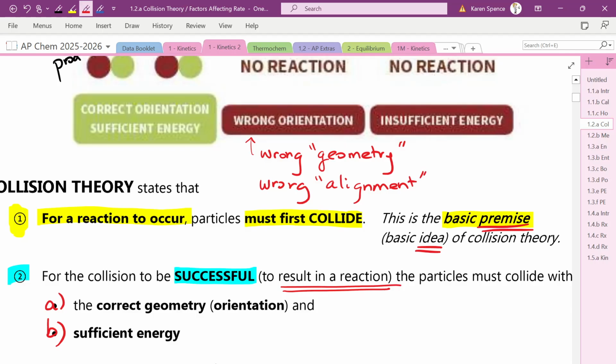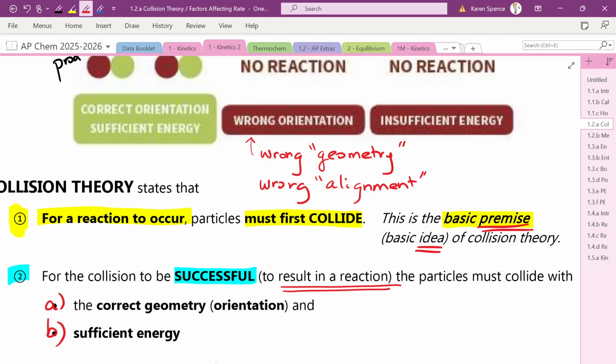Any of those words will work, and you will see them all in different contexts. Okay? So, if you have the correct orientation, successful collision. If you don't have the correct orientation, not successful collision.